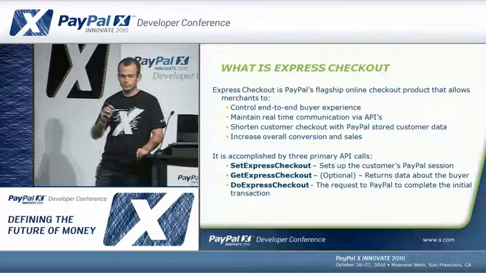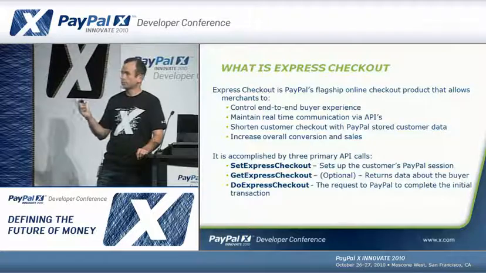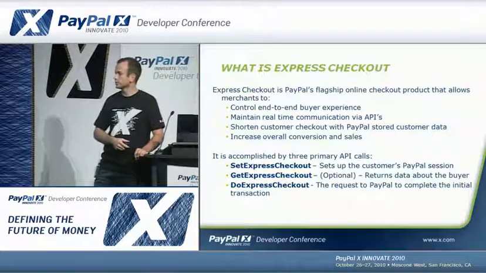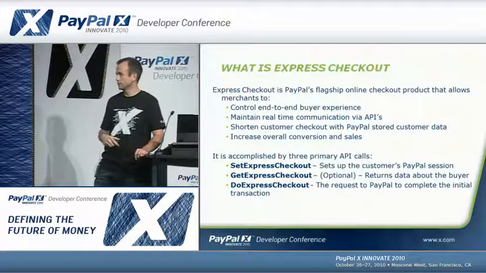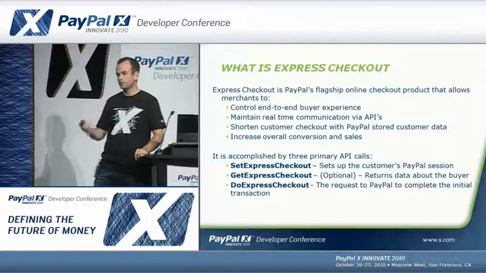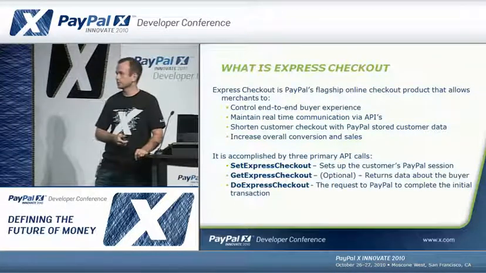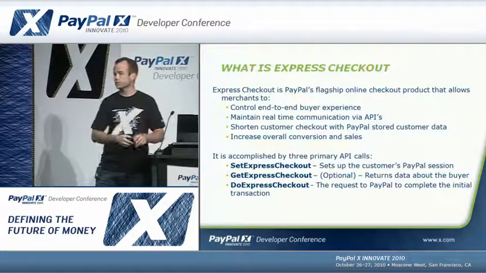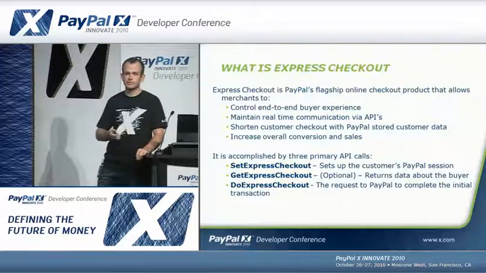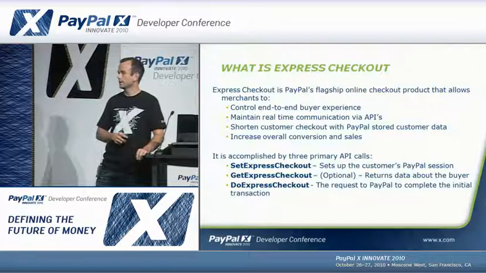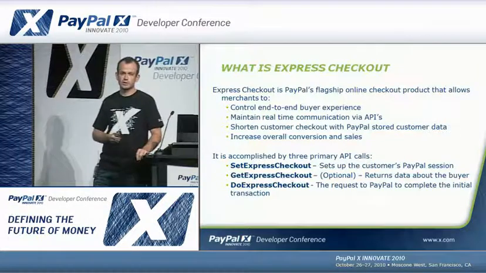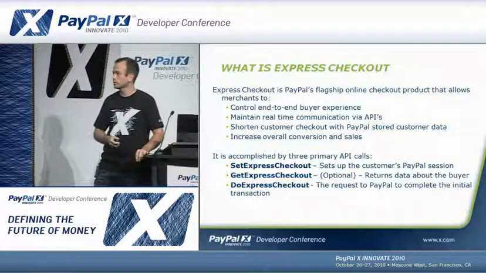There are no APIs, you just paste some code on there. But with Express Checkout, you really keep control of the customer. And then obviously the benefit is that most customers are going to click PayPal Express Checkout earlier in the checkout flow, and we'll go over that in the next slide. Actually, just a placement. And that'll help increase your overall sales and conversion because it shows up earlier. It helps them get through the checkout quicker.